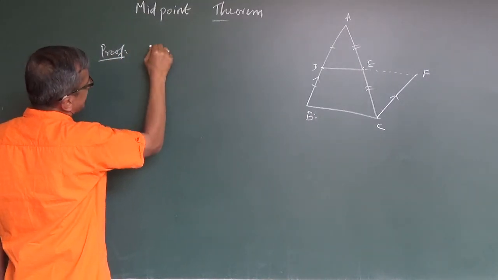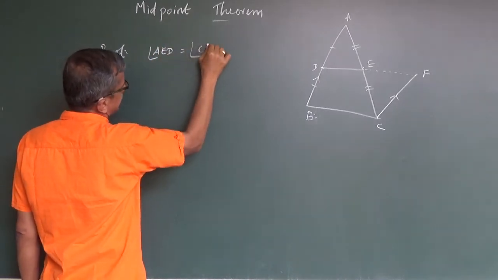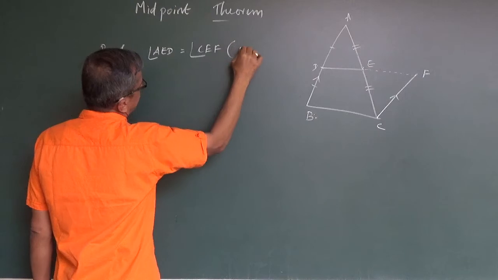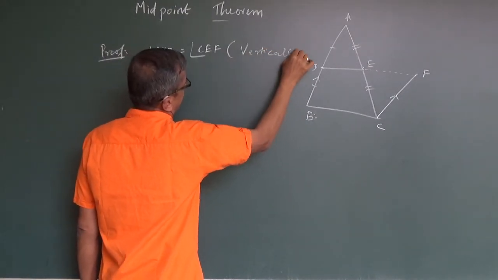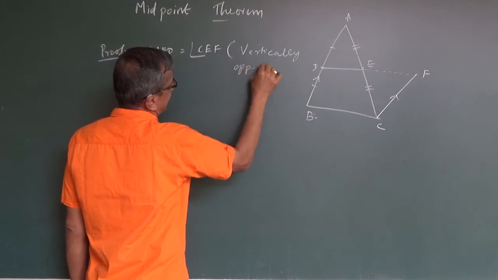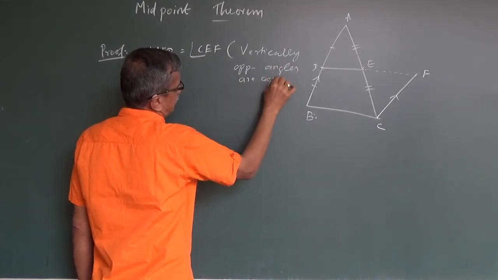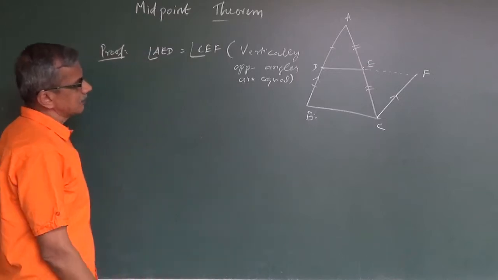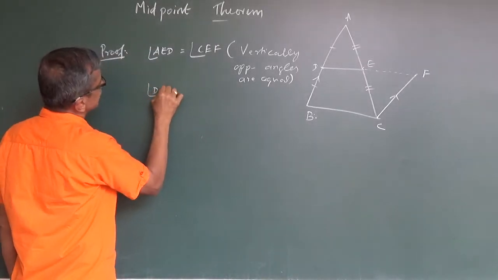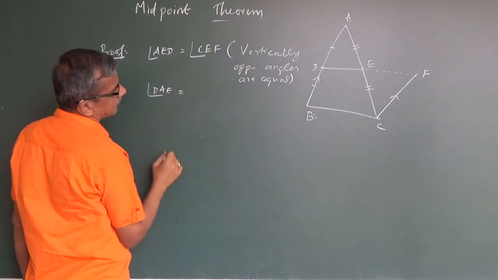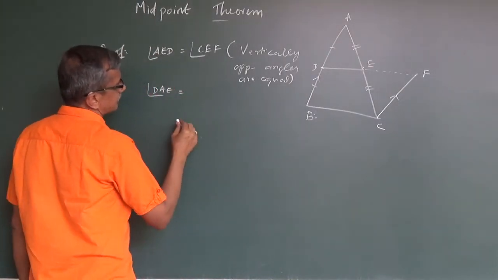Angle AED is equal to angle CEF, because vertically opposite angles are equal. And then angle DAE is equal to angle ECF.